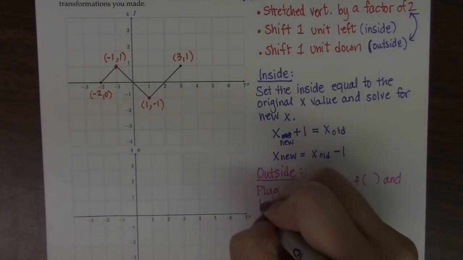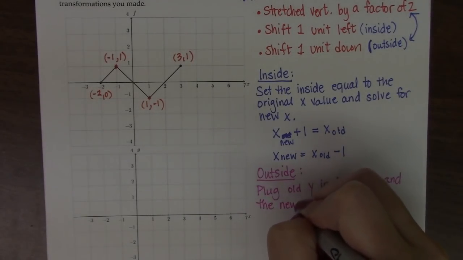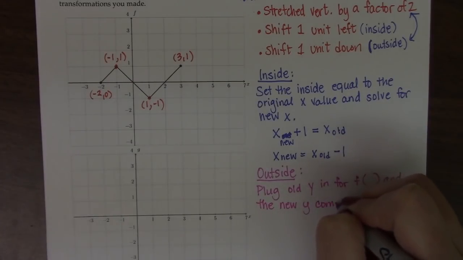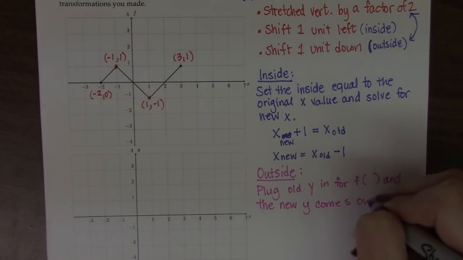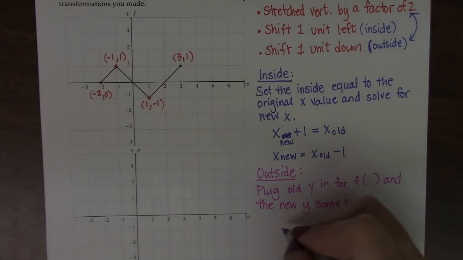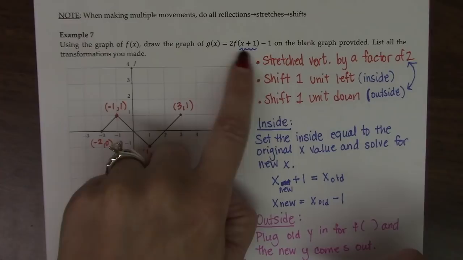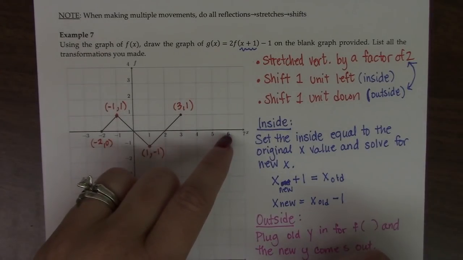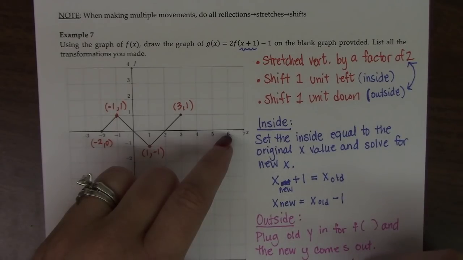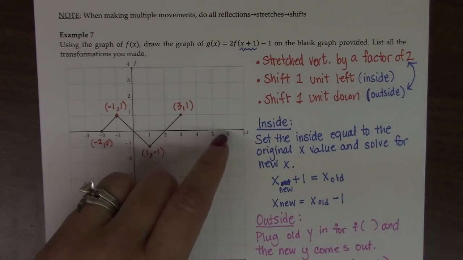And the new y comes out, okay? So for our expression, it's 2 times, right? We had f of x plus 1, so that's old y, right? Minus 1 equals new y.